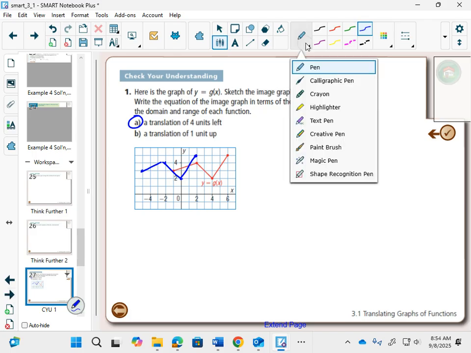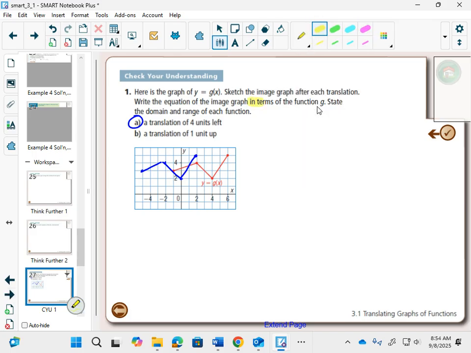Now I'm going to take out my highlighter, because this language is sometimes confusing. In terms of. The in terms of part is telling you what you need on the right side of your equation.